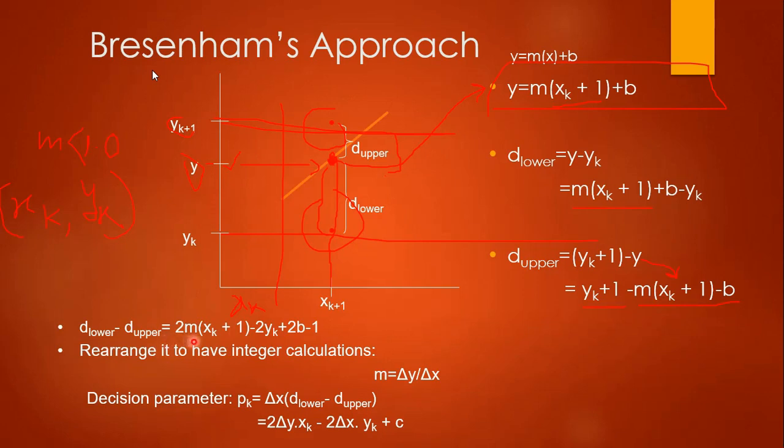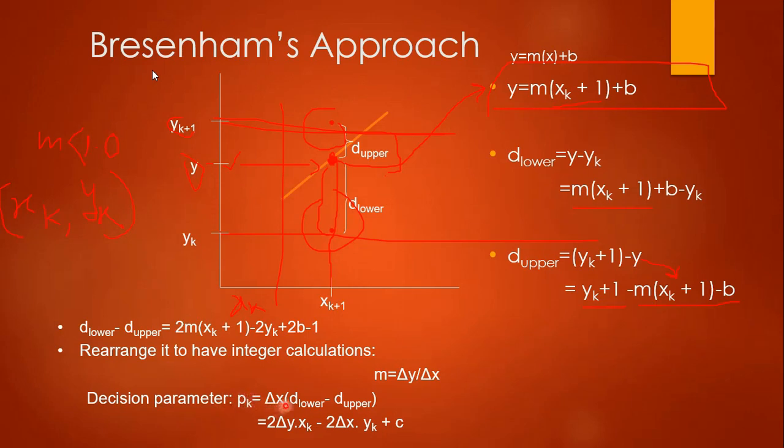So you rearrange the formula and get the equation as 2m into xk plus 1 minus 2yk plus 2b minus 1. Now apply m, which is delta y divided by delta x, and you get a decision parameter. You can take it as pk.